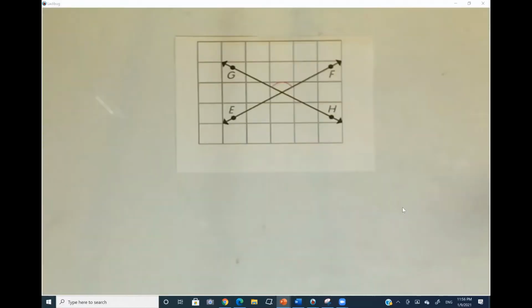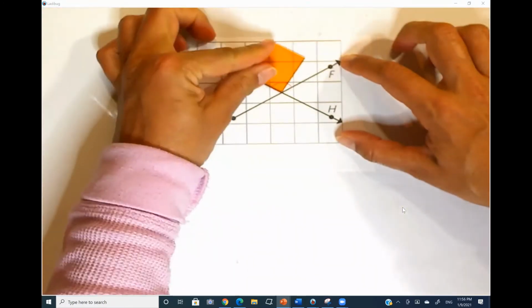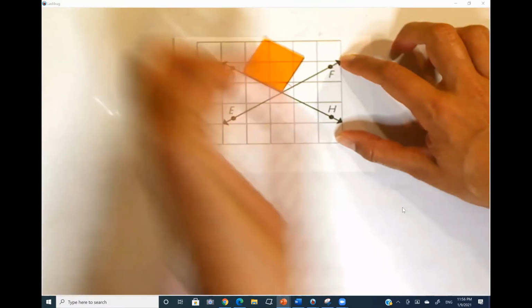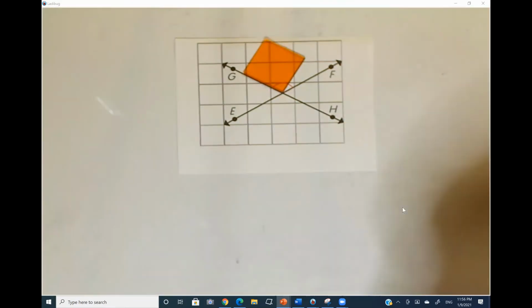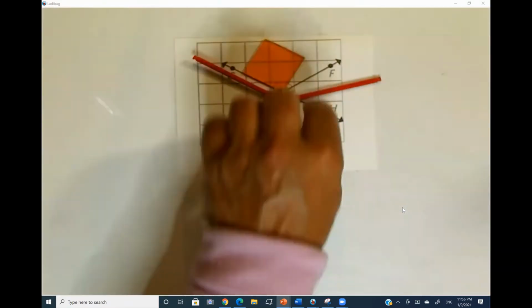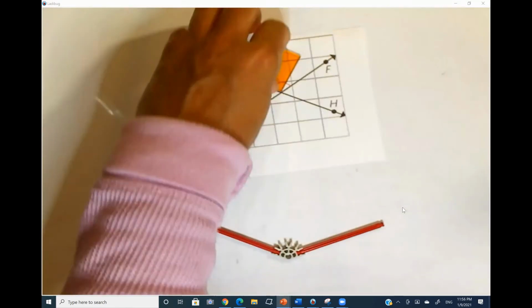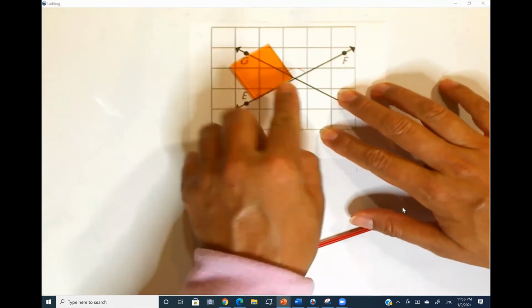In this other example, I notice that I cannot fit perfectly the square into this angle. I notice that it is an angle that is greater than the right angle. If I try to make it fit in this other angle, I notice that one of the arms of the angle goes under the square.